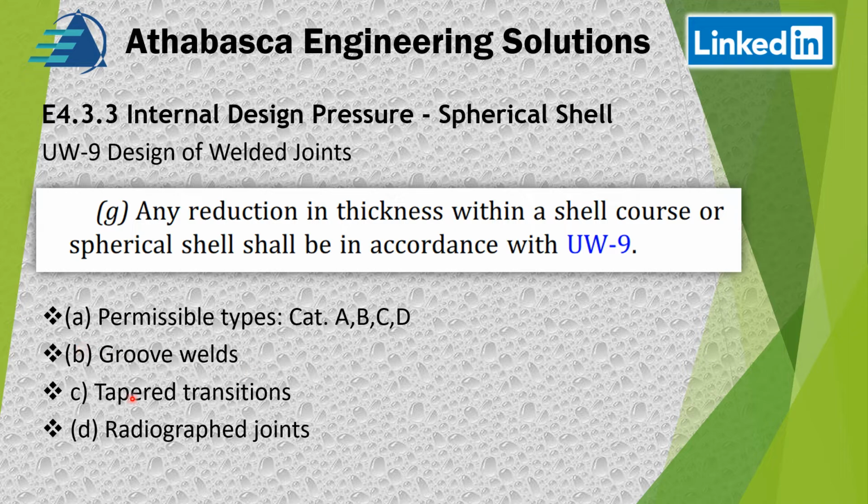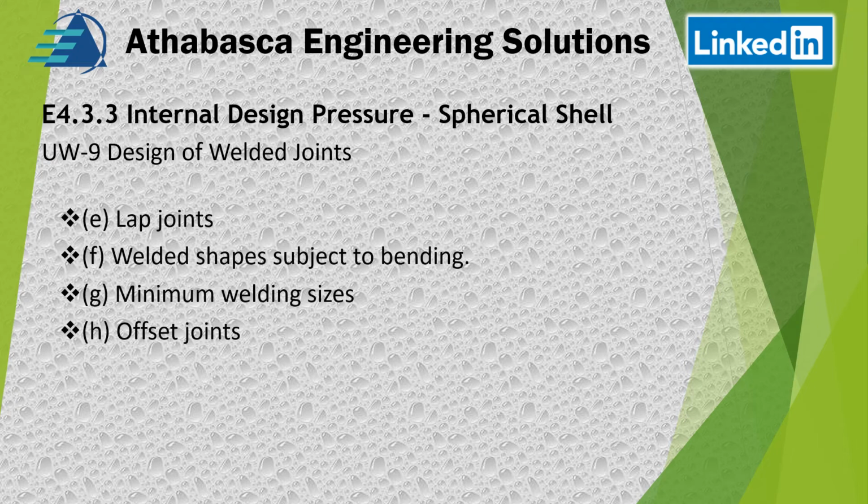You have to use grooved welds, and there's a part about taper transition specific rules and about radiographed joints. So be aware of that and go through UW-9. Also, there are some rules about lap joints, welded shapes subject to bending that you have to review, and the minimum weld sizes and the offset joints.